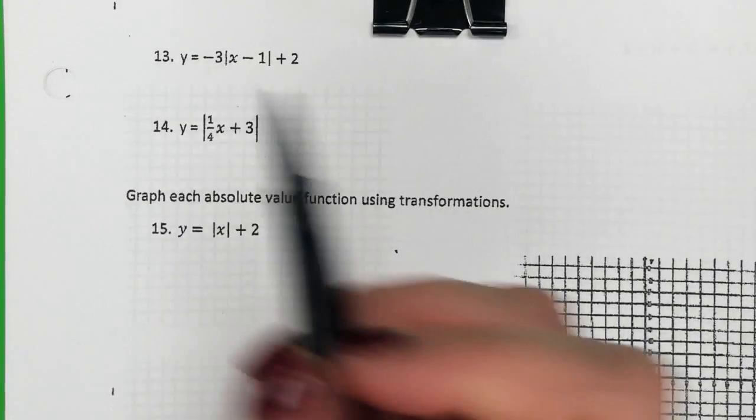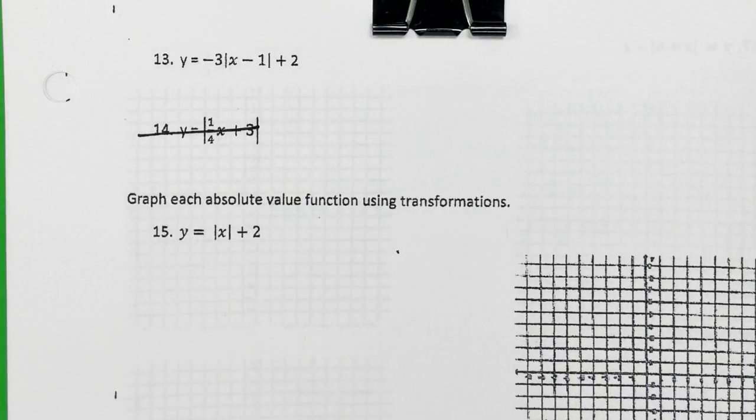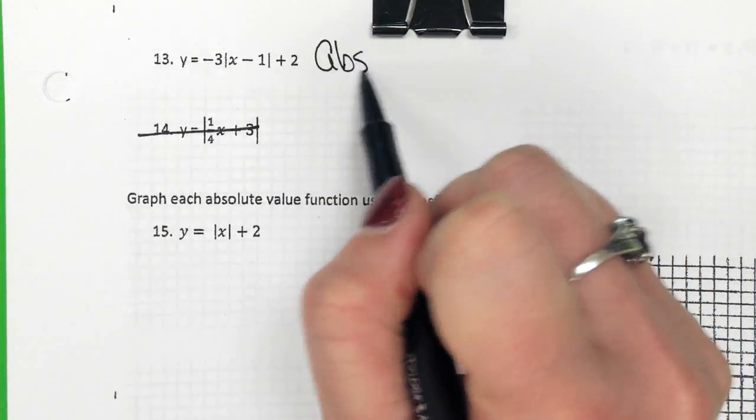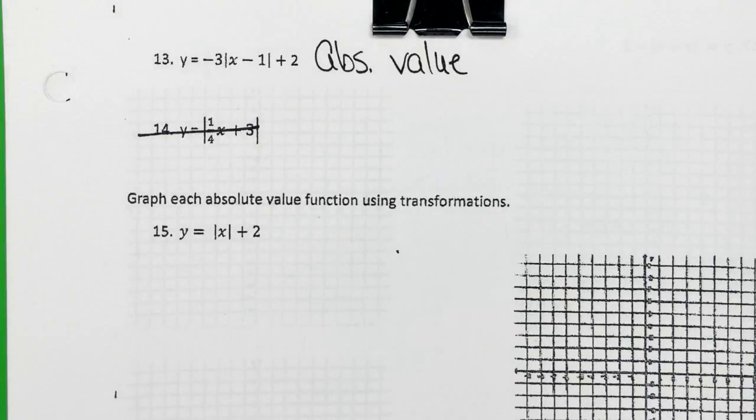Alright, so we did 32. Let's go to 33. Here we go. So let's look at 13. Mark out 14. We're not going to do 14. What were the directions on the other page? Because 13 is just continued from the other day. So what's the very first thing it says to do? You have to write both words. You can abbreviate, but you got to write both words.